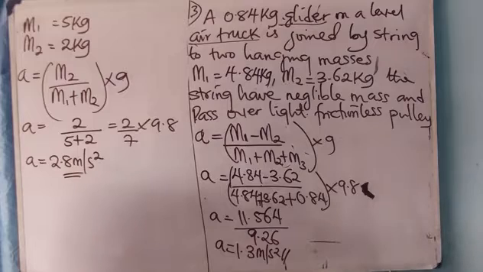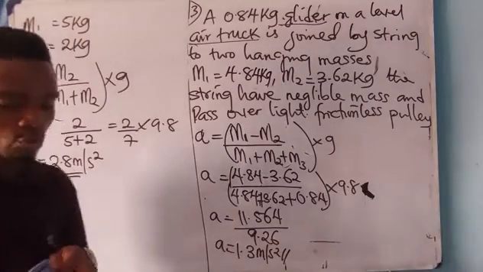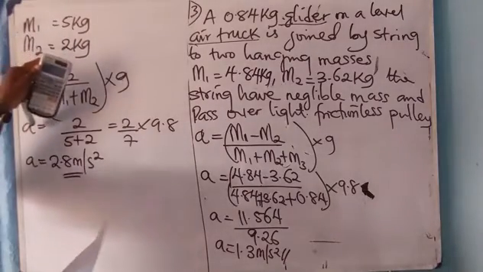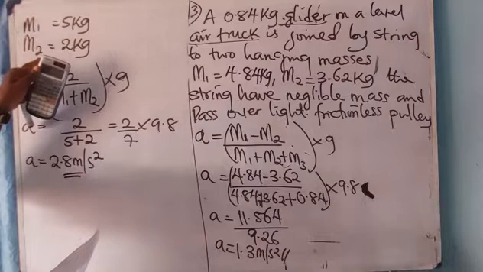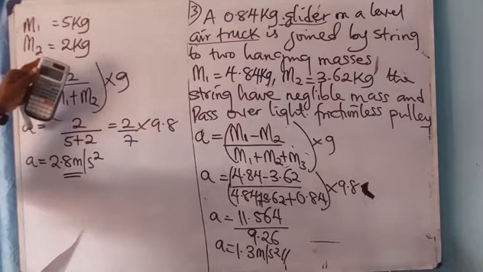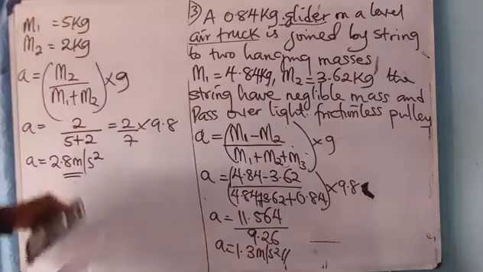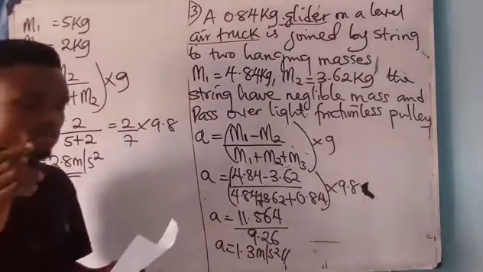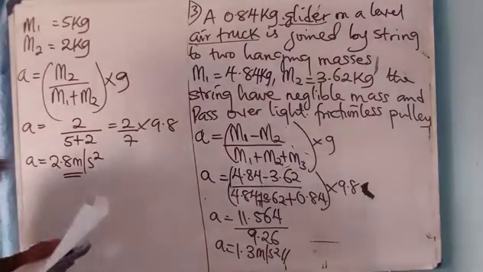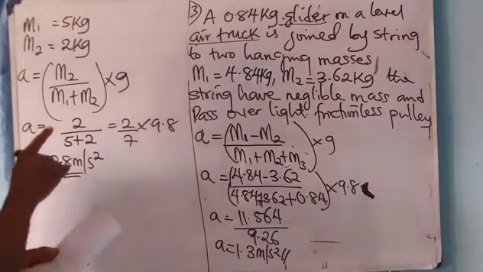Now, what if we are asked to calculate for the tension? I'll read the question again. If an air truck glider of mass 5 kg is connected to a mass of 2 kg, which is M1, M2, with a string over a frictionless and massless pulley, calculate the acceleration of the glider. I told us the keyword there is air truck glider. Acceleration of it is this.